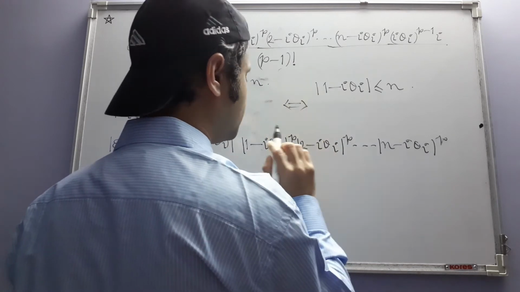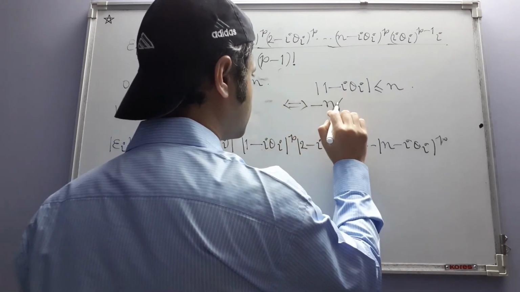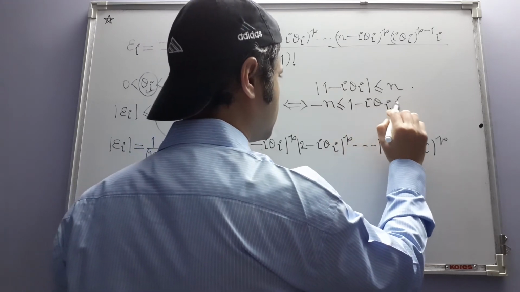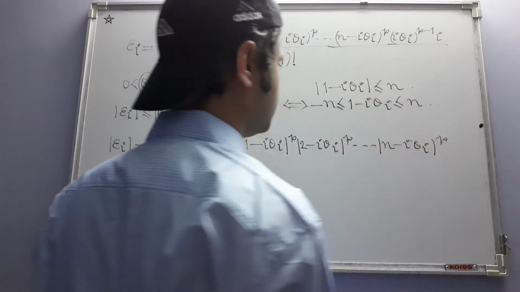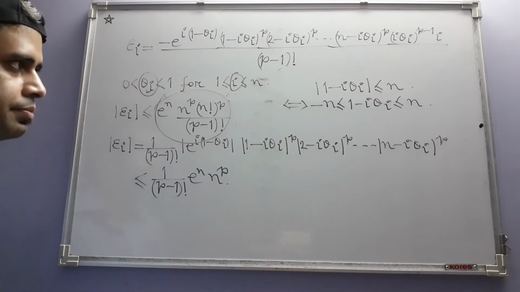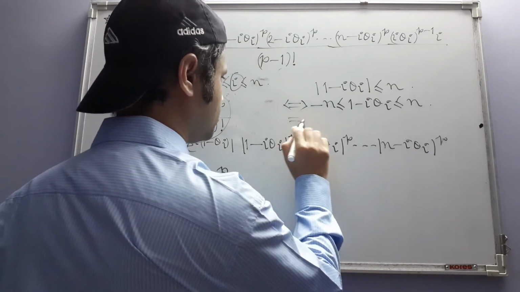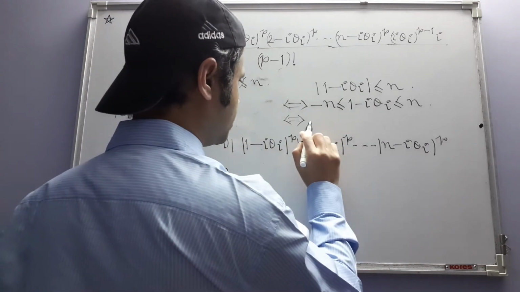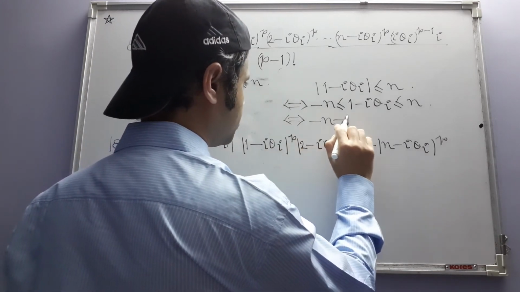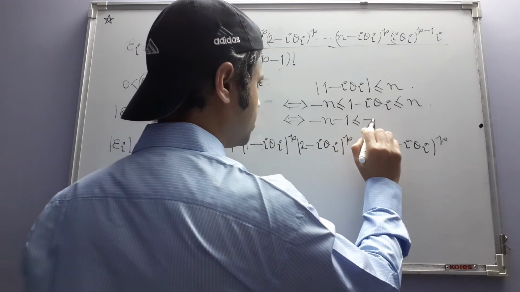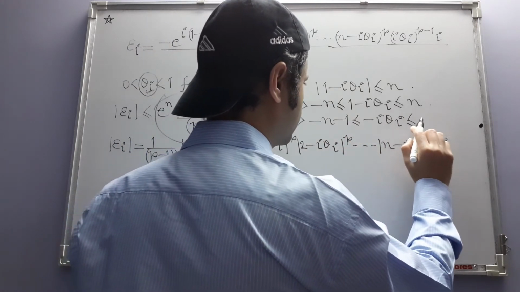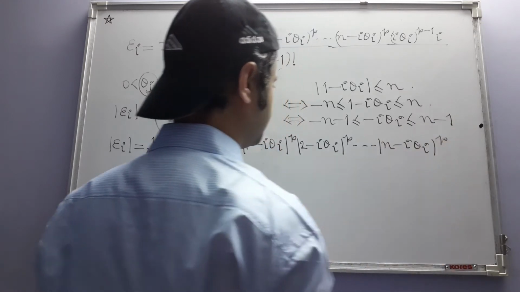Suppose this is true, then it is equivalent to these inequalities: I theta I less than or equal to n, which in turn are equivalent to these inequalities: minus n minus 1 less than or equal to minus I theta I less than or equal to n minus 1.